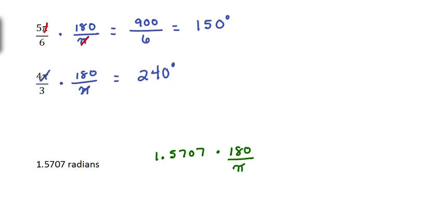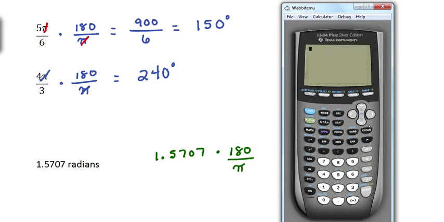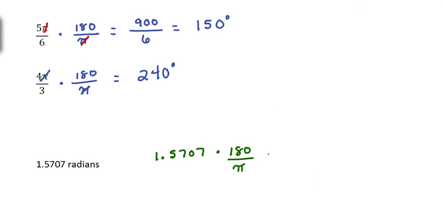So what I have to do is just go to my calculator. I'm going to do 1.5707 times 180, and then, I can do it all in one step, divided by pi. And I get 89.99. How do you think we should write that?